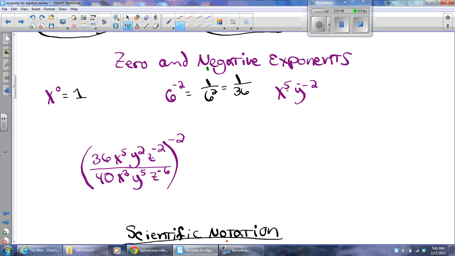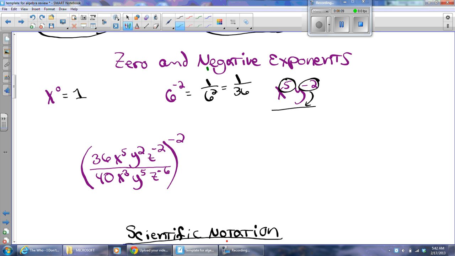Okay. X to the 5th times y to the negative second power. Well, this tells me to use the reciprocal, not for the x term. His exponent is positive. This negative exponent says he needs to go downstairs.